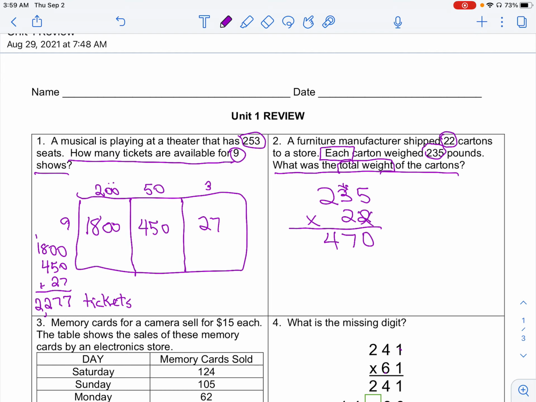So, alert, alert: you've got to put a 0 first, and then multiply. 2 times 5 is going to be the same, it's going to be 470. I don't need to multiply it again, but if I did, I would get 470. We add it all up. We get 0. 7 plus 0 is 7. 4 plus 7 is 11. Regroup. And 5. So 5,170 pounds.